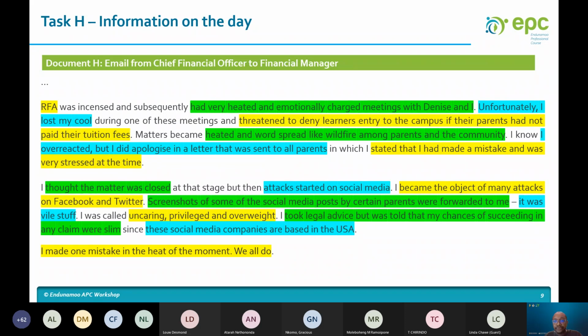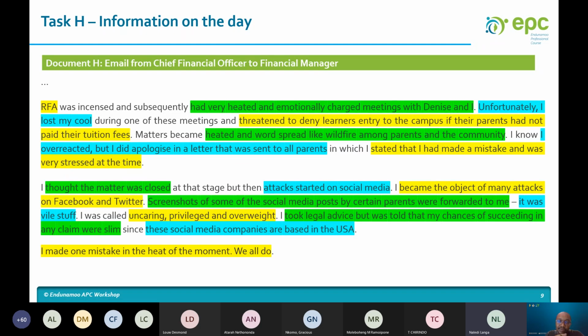Naledi? Thanks, Kumo. I think what you mentioned here about us not necessarily commenting on him losing his cool and all of that. On my side, because I followed the ethics response approach, there was that saying that when it comes to ethics, you need to choose a side. Like you need to be clear about which side you're going with, right? So I think that's what I tried to address by responding to him losing his cool.